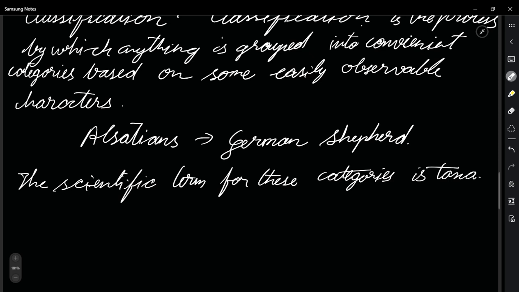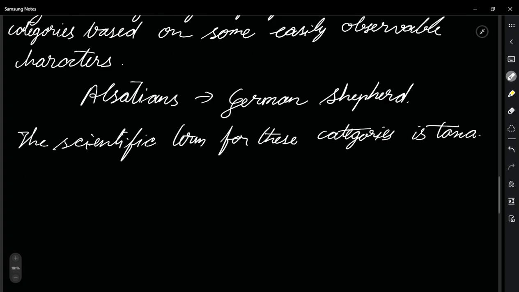Based on the characteristics, all organisms can be classified into different taxa. This process of classification is taxonomy. Shall I write it down? Yes.